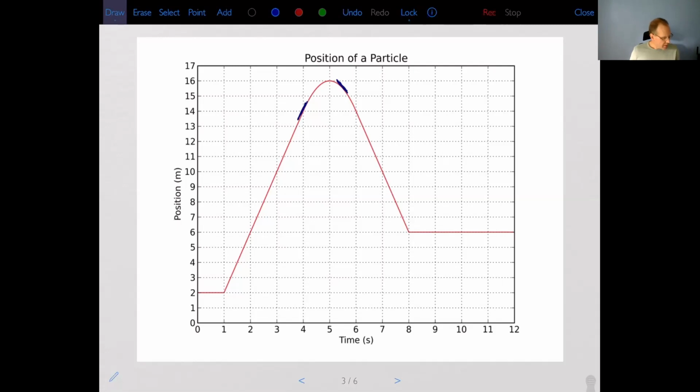Okay, and then the last question is, what is happening to the velocity of the particle between 4 and 6 seconds? So again, at 4 seconds, we know that the velocity is 4 meters per second. Then as time goes on, the slope is becoming less steep, less steep. Right at 5 seconds, the slope is 0.